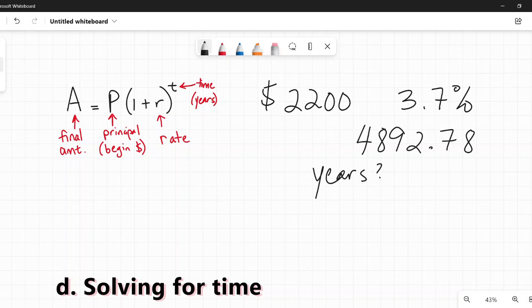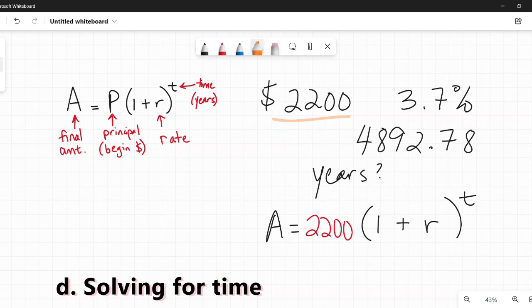All right, well, let's take our formula and plug everything in. Let's find out what we know. First thing we're told, they started with $2,200 in the account. So that's our beginning amount, our principal. It earns 3.7%. That's our rate, which we write as 0.037.